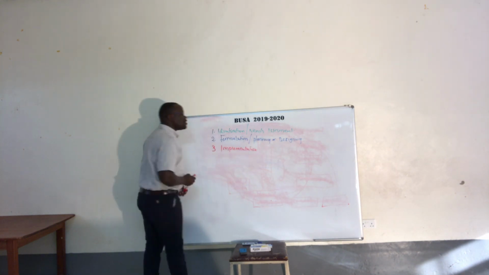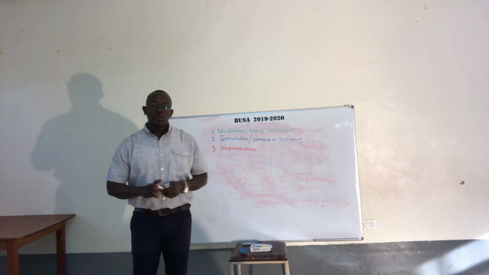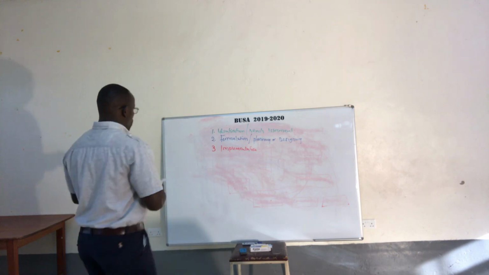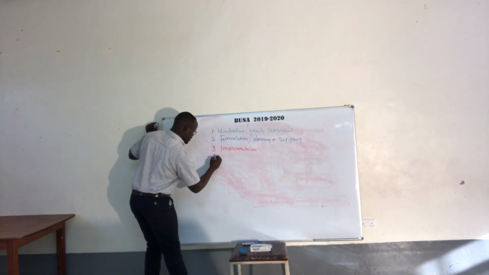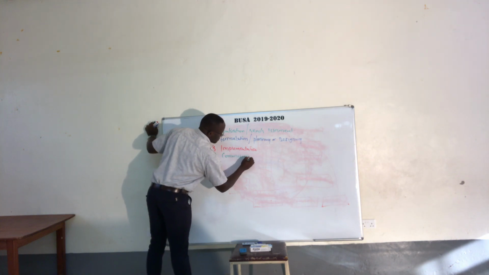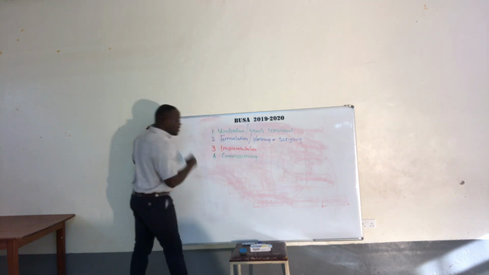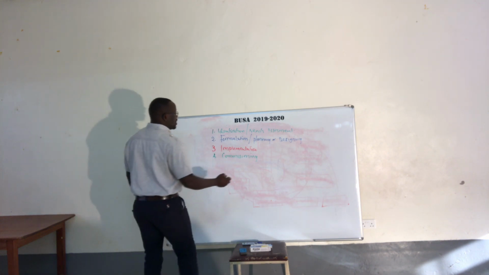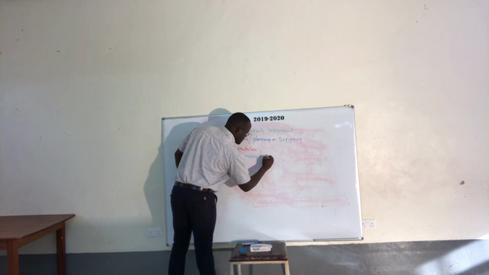After formulating or planning, we need to implement it. And number 4, we have what we call commissioning. Other projects, they say that we have what we call monitoring. With them, they call it monitoring.